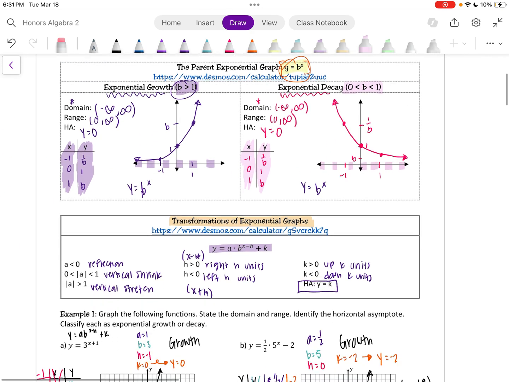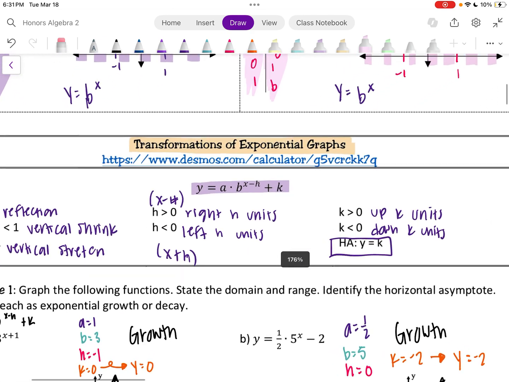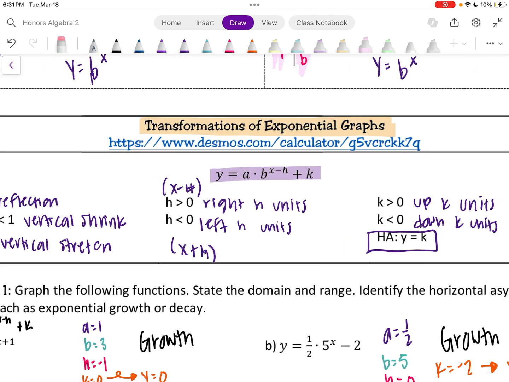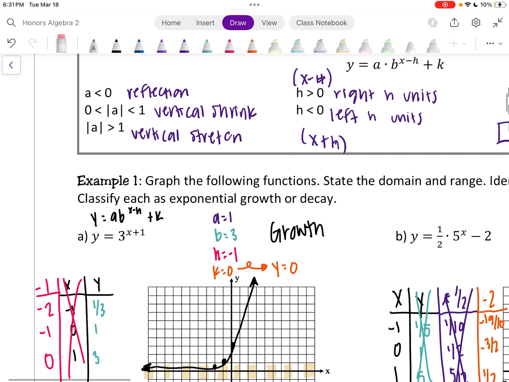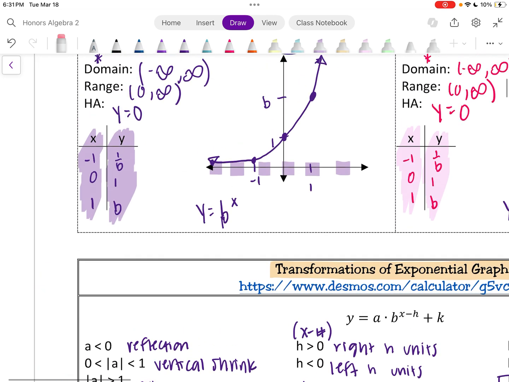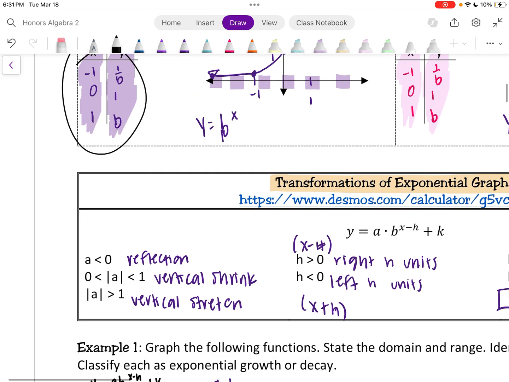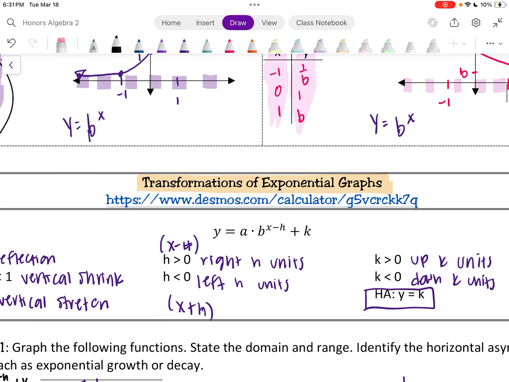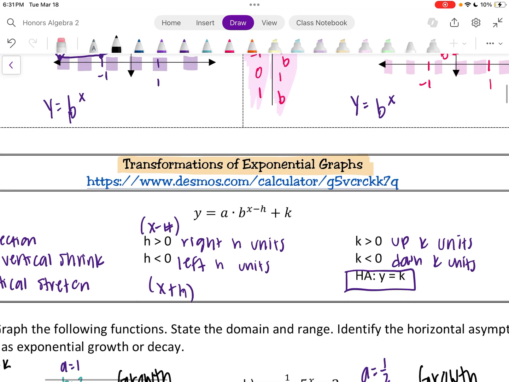When we're talking about transformations, we are going back to the Hackett method. You always start with the negative 1, 0, 1, and then 1 over b, 1, and b, and then you just do the Hackett method, which is what we've been doing since September, October, right?